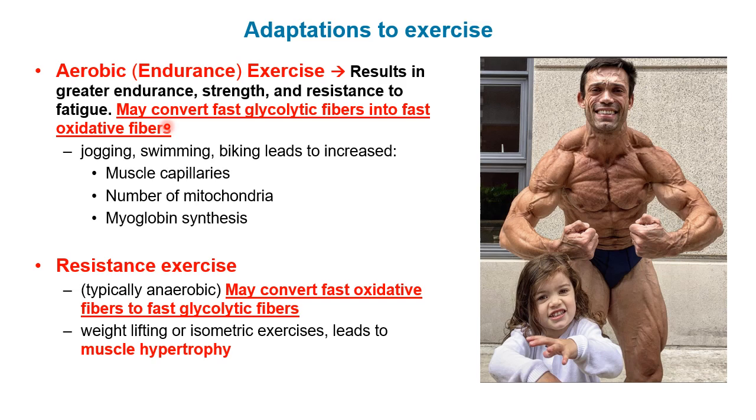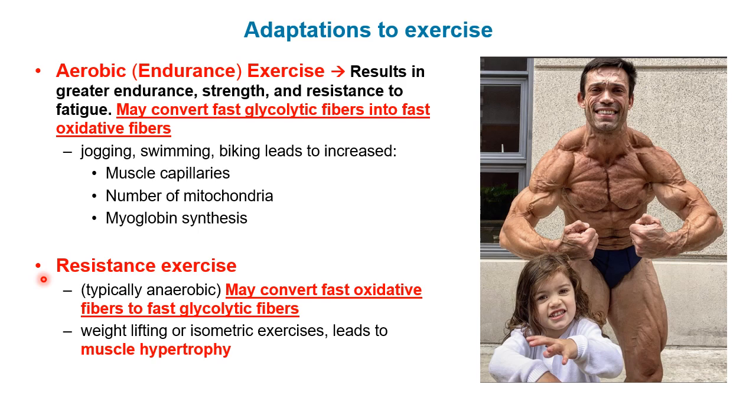And what happens is that you might convert some of those fast glycolytic fibers that are very prone to fatigue into fast oxidative fibers that can keep you going for a long time without getting tired, right? Examples of this exercise: okay, jogging, swimming, and biking. These are all types of aerobic endurance exercises.